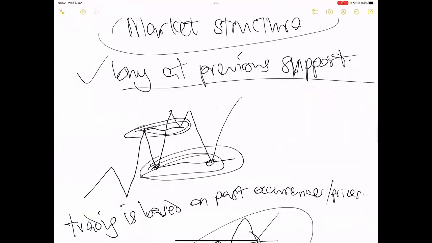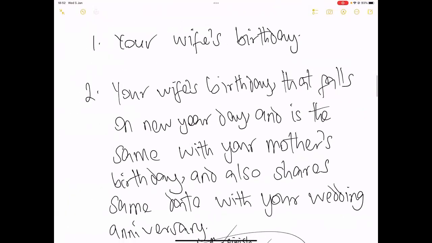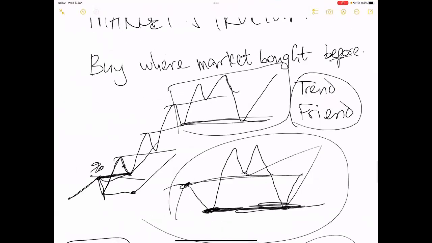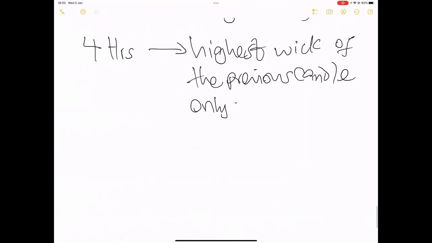Now, which one will you remember the most? Because of this scenario, that's the same thing. So on the 1 hour time frame, what you are looking for is what?